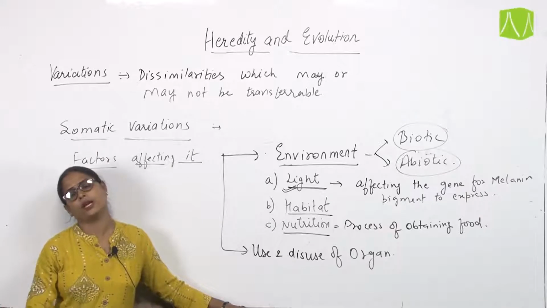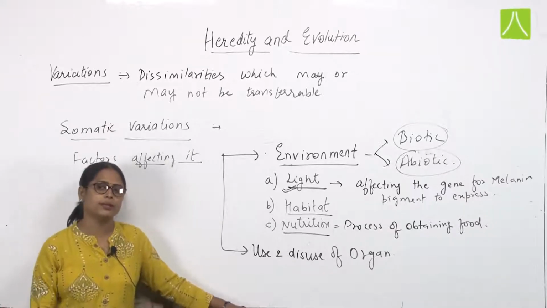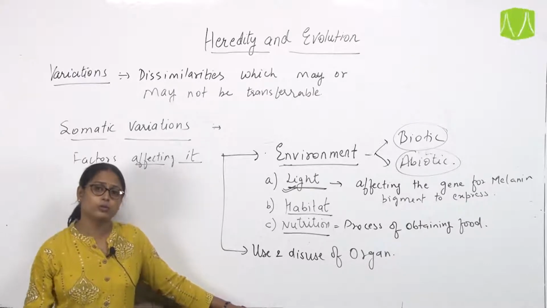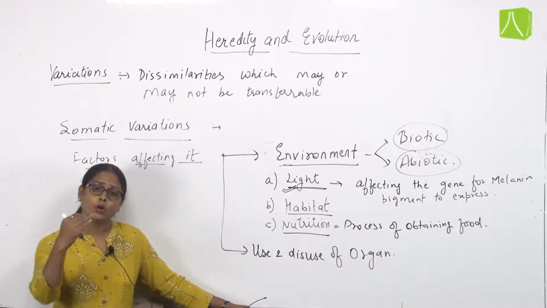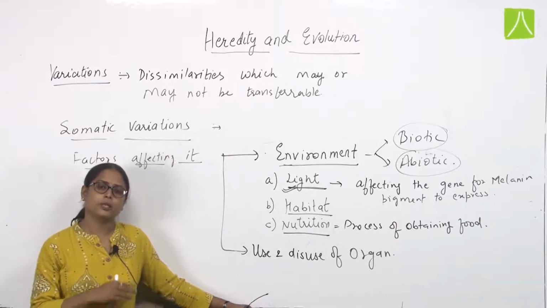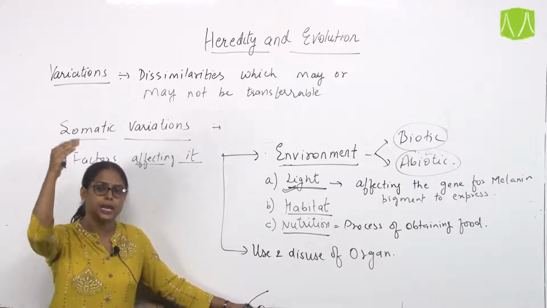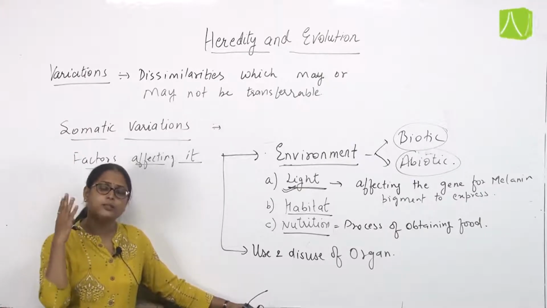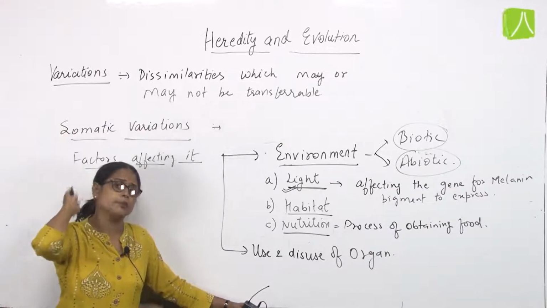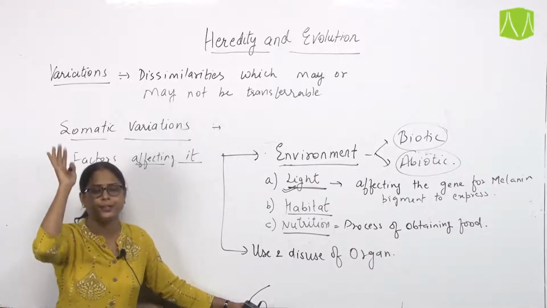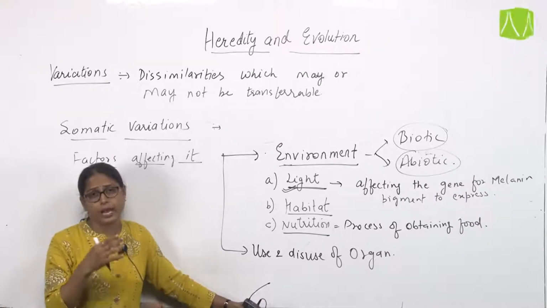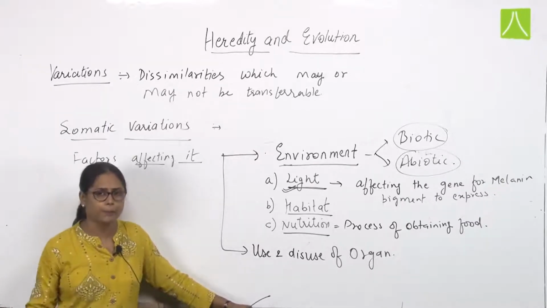Like in the case of the long neck of the giraffe, according to the scientist Lamarck, the giraffe was using its neck more as compared to other organs, because it was continuously stretching its neck to feed on tall trees. That's why he said that the organ's character is transferable, but it did not happen as such.